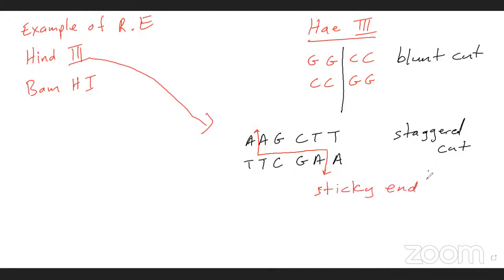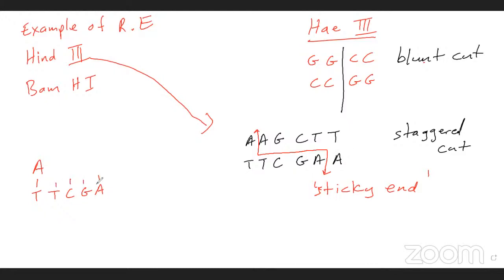So we call it sticky ends. All right. So you have two types of cut, blunt cut and staggered cuts. When you have a staggered cut, we say it leaves the DNA with sticky ends, meaning you would have A bonded to T, and T, T, C, G, A. Right? So notice all of this is gone. So these ends would be free. All right, so we call it sticky ends.